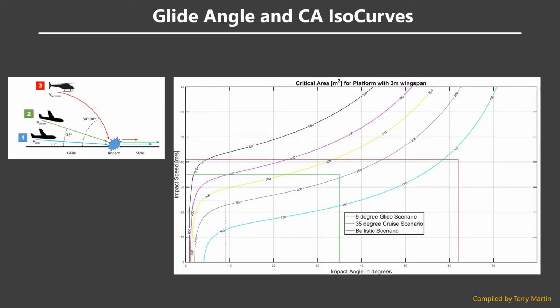One of the more contentious variables that we had to work with was, okay, so what angle is an inbound UAV in a failure mode going to impact the ground with? And in and of itself, there are many permutations. You can have an engine off failure, you can have control flight into terrain, you can have ballistic trajectories. And so after quite a lot of effort, we settled on a 9 degrees glide angle.